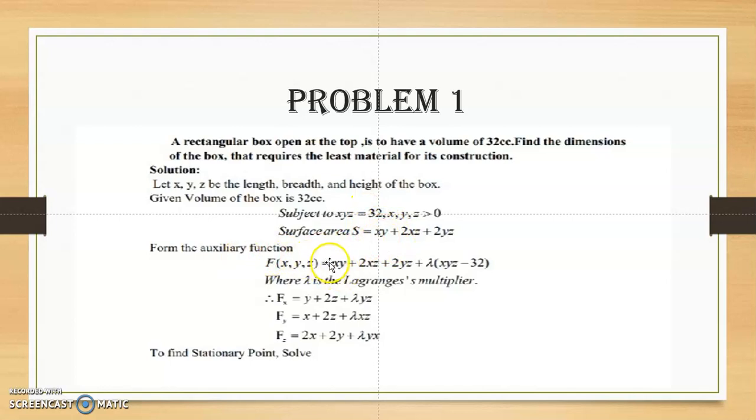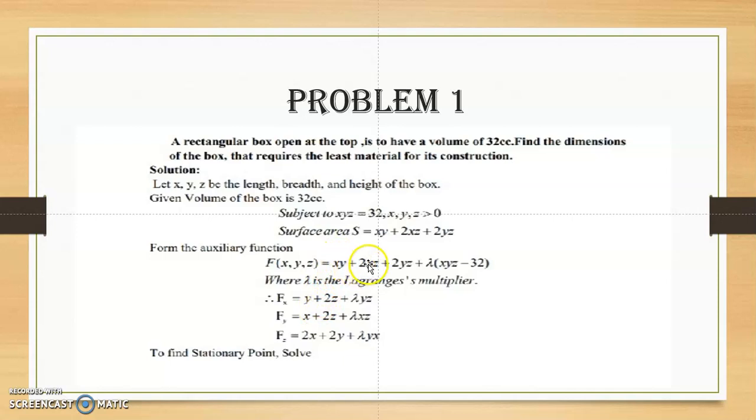Next we are going to write the auxiliary function. Capital F of x, y, z is equal to the surface area plus lambda into volume. This lambda is nothing but the Lagrangian multiplier. So now we are going to differentiate this auxiliary function with respect to x. The first term, differentiating with respect to x, we get only y, since the differentiation of x is 1.